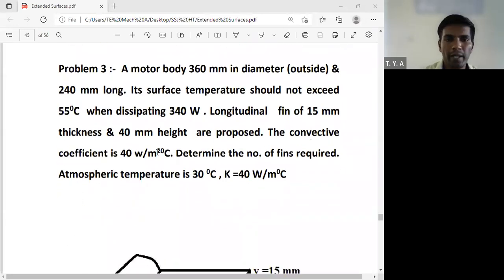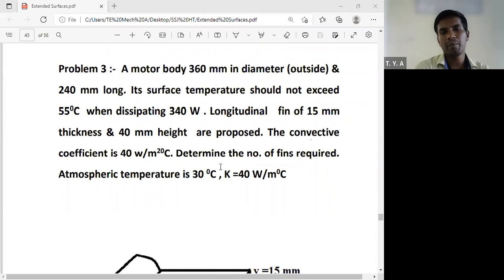A motor body 360 mm in diameter and 240 mm long. Full stop.